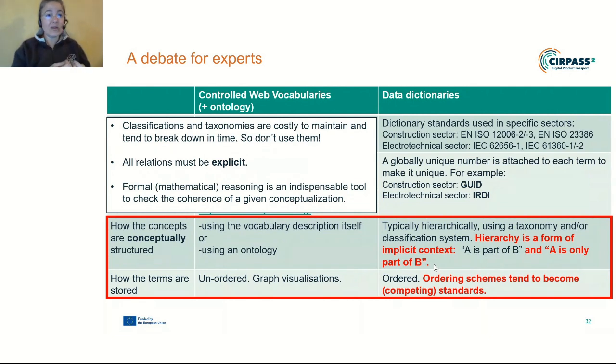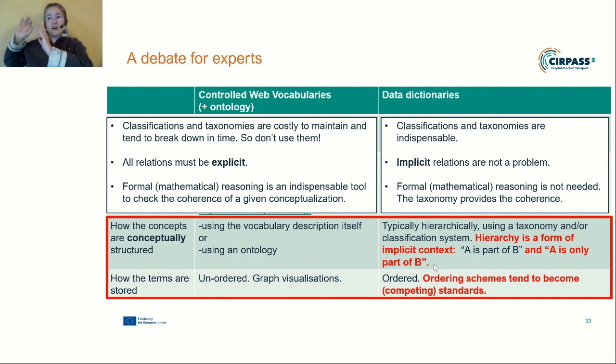And these explicit relations are needed in order to apply formal reasoning tools. In this community, it is often seen that reasoning is an indispensable tool to check the coherence of a given modeling or conceptualization.